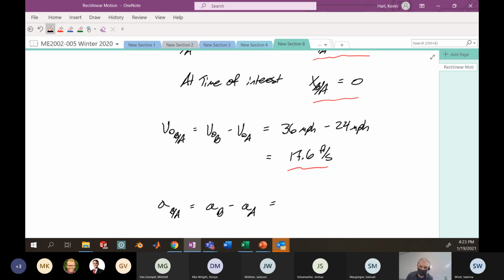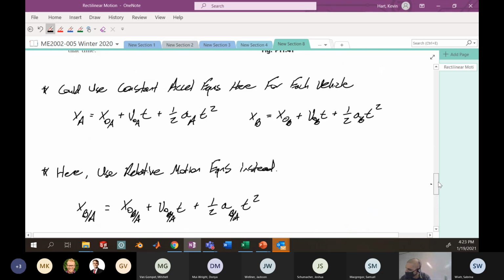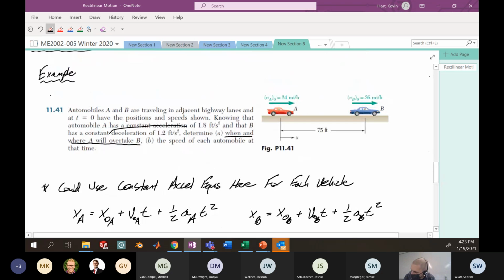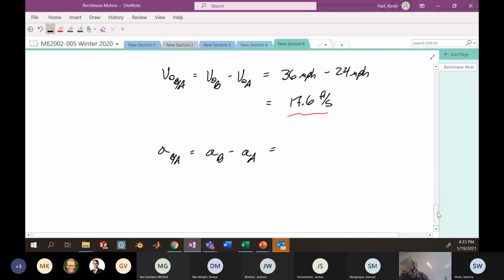That's why we have these constant acceleration equations we're using. The acceleration of car B is told as decelerating at 1.2 feet per second squared. It's in the problem up here. So I'll include that as a negative value. So here, negative 1.2 feet per second squared minus the acceleration of A.